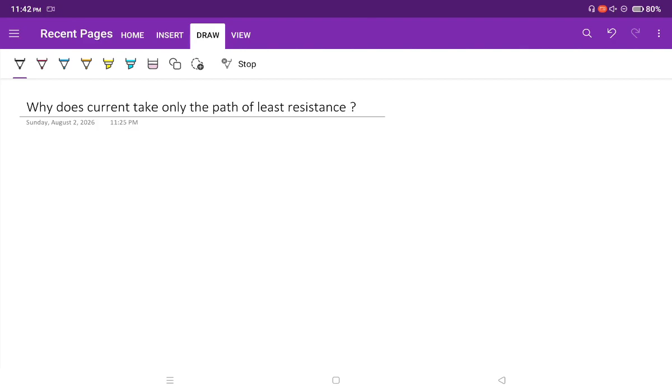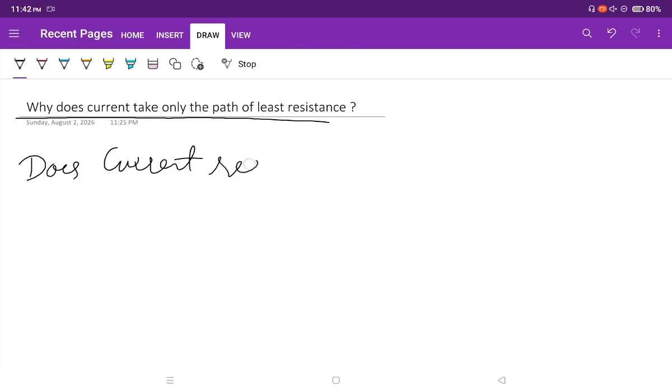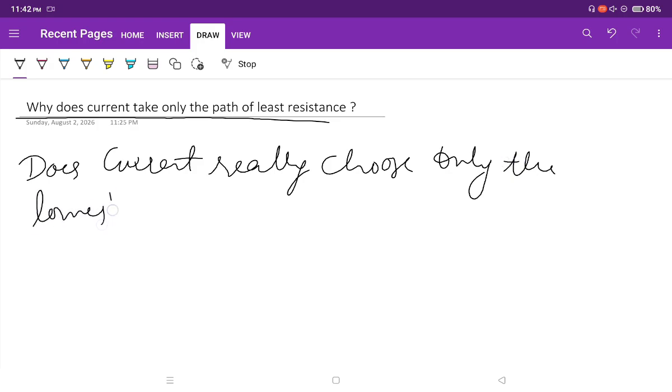Let's see why a current takes only the path of least resistance. Does current really choose only the lowest resistance path?